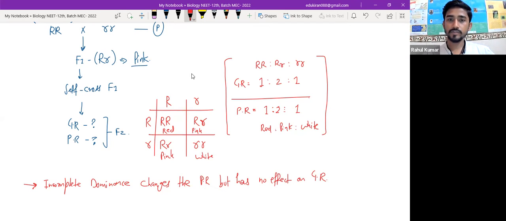And in the F2 generation, both are 1 is to 2 is to 1. Is this clear, everyone?